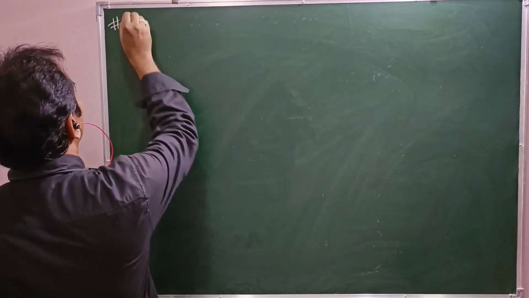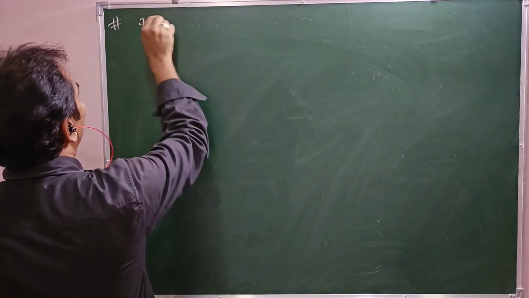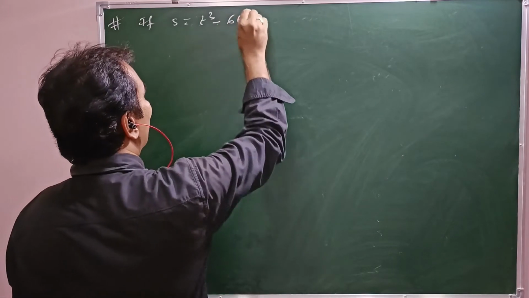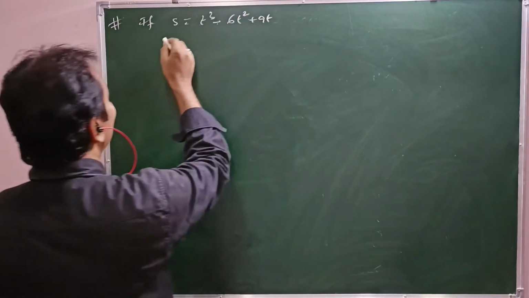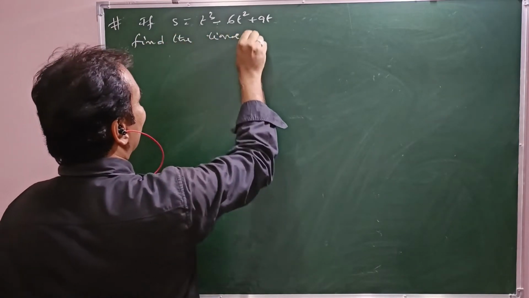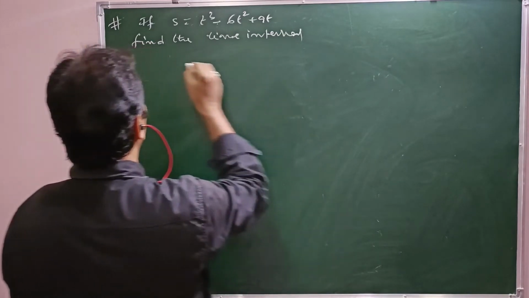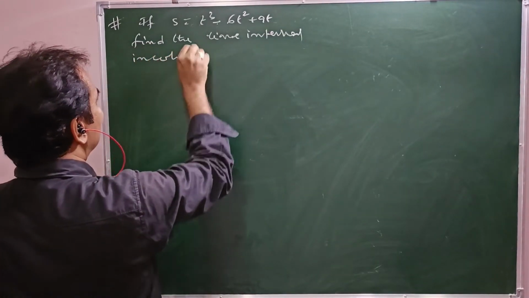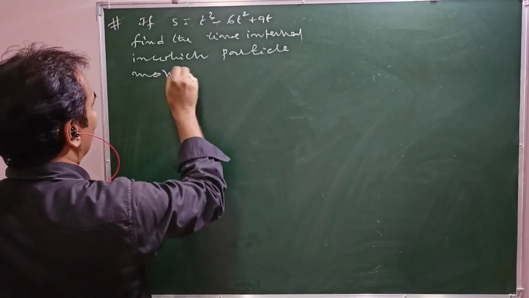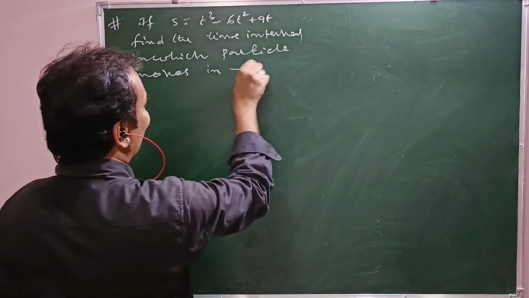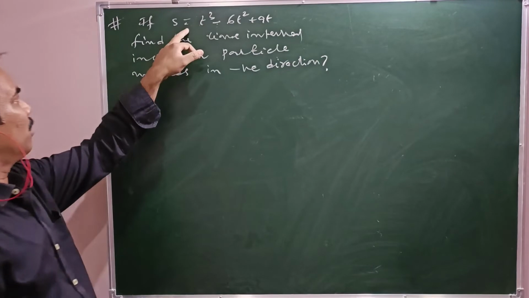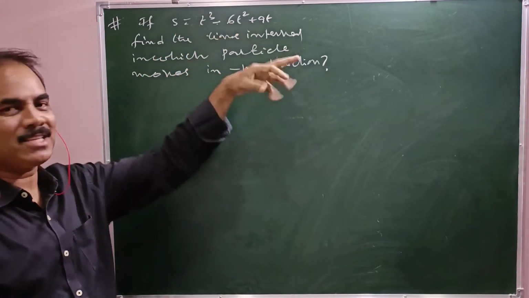Suppose S equals t cube minus 6t square plus 9t.